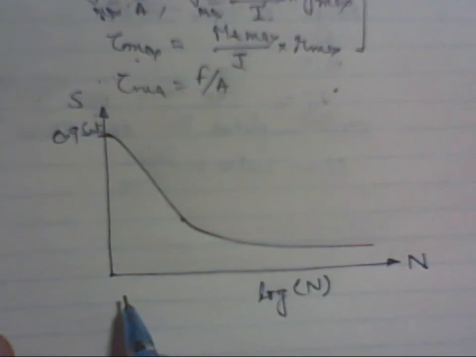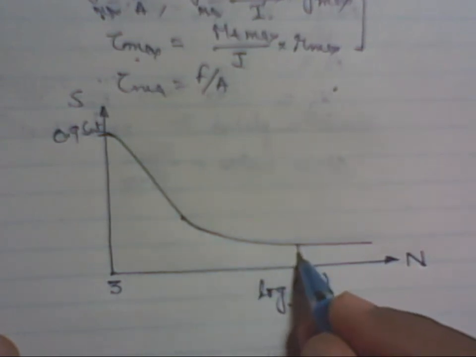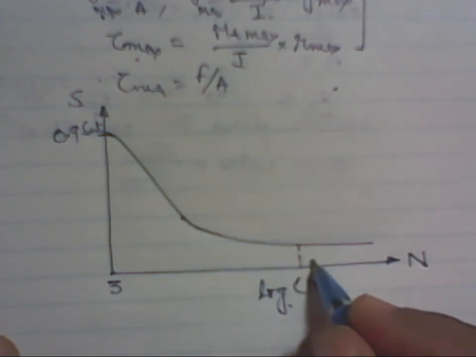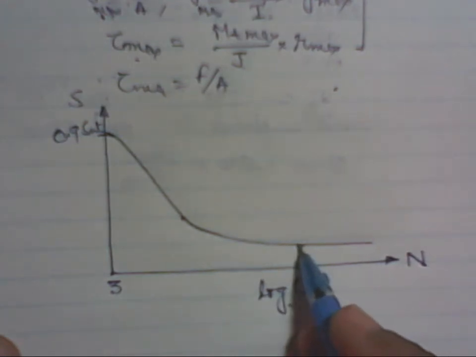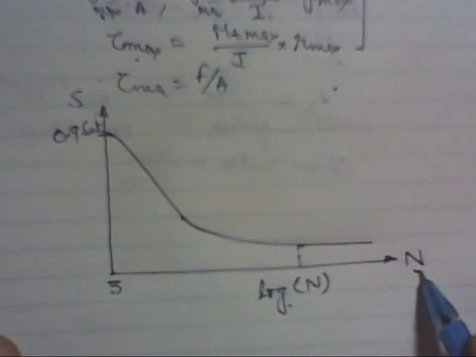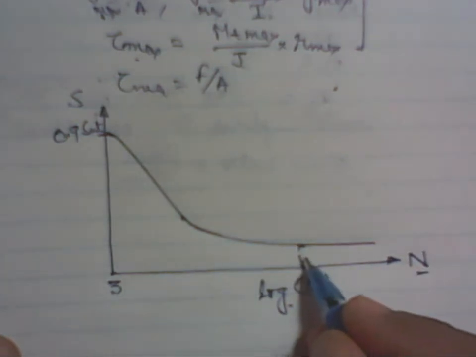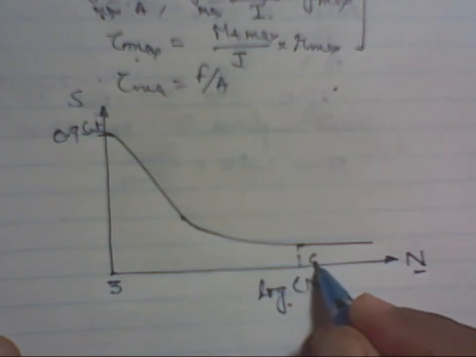This value is 0.9 times SUT, and this value is approximately 10 to the power 3. Log of 10 to the power 3 is 3. After some number of cycles, this curve becomes parallel to the x-axis, which is log n, and this value is 6.